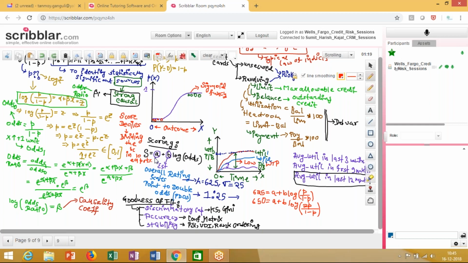Right. So basically what happens is the entire score distribution is divided into score deciles, so each of the score deciles contains 10% of the scores, right? So let's say decile 1.